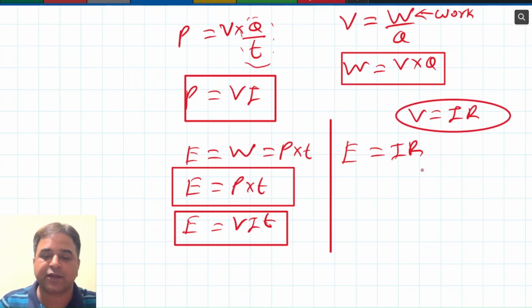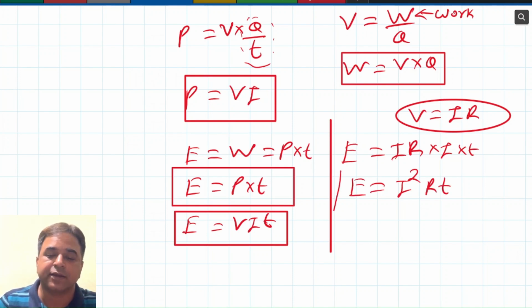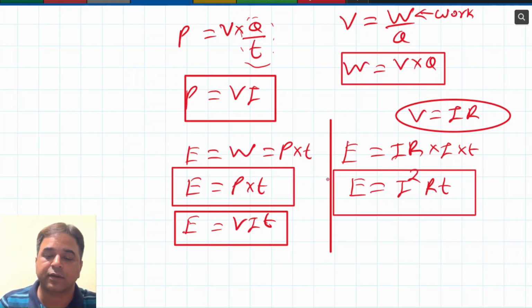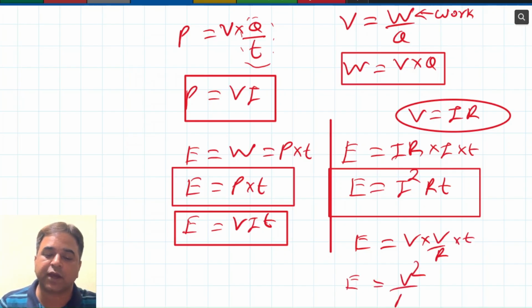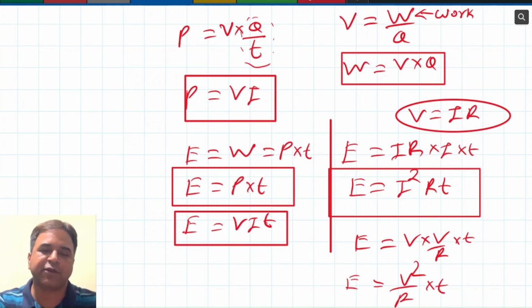So we are substituting that, and this becomes energy is equal to I square R T. Same way, in place of I, you can put V upon R. E is equal to V into V upon R into T. So energy will be equal to V square upon R into T. This is how different derivations can be done, but based on the quantities given to you, you will find the answer.